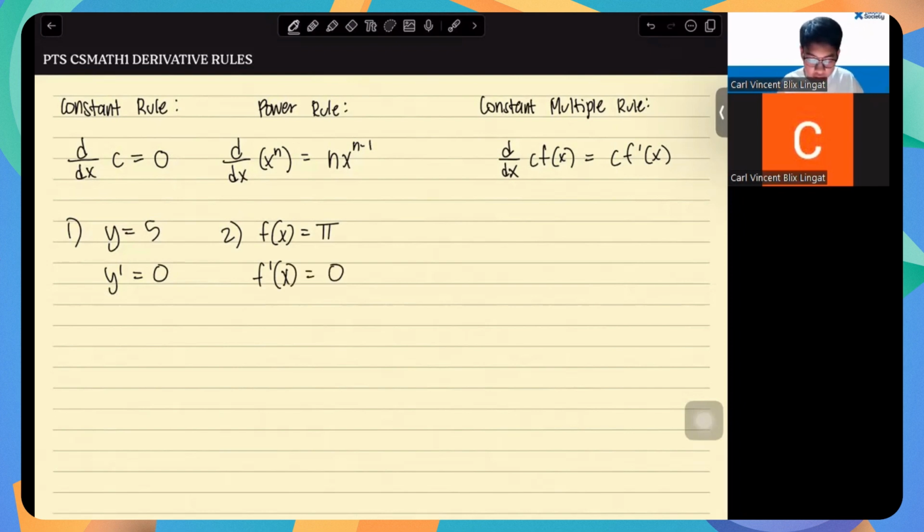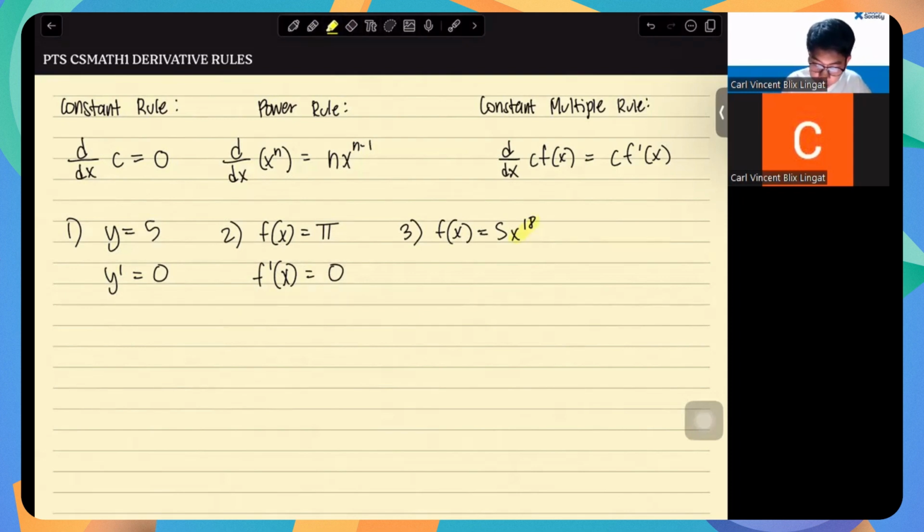All right. Now, how do we solve this problem? f of x is equal to 5x raised to 18. So, the power rule. First things first, we want to solve what is right here.